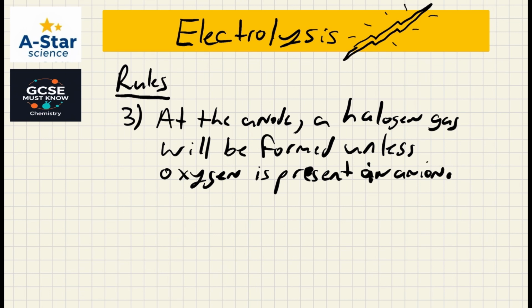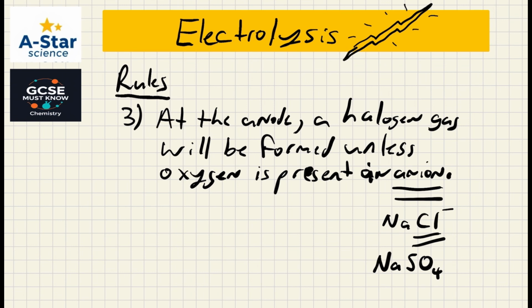Of course, we remember that the anion is the negatively charged ion. So when we look, for example, at sodium chloride, the anion will be the chloride, which will be a -1. But sometimes we can have oxygen as an anion. So for example, sodium sulfate contains oxygen, which we can see there. If that's the case, if in the anion oxygen is present, that means oxygen will form at the anode.